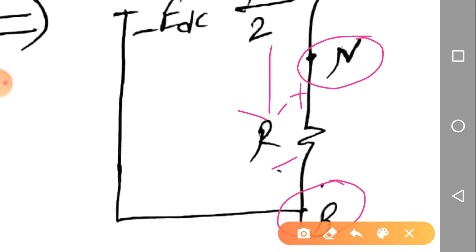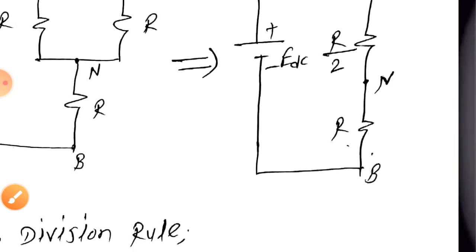So what is VB minus VN? That is VBN. Whether it is positive or negative, VB minus VN will be negative because VN is greater than VB. Are you getting the point? So VNB is nothing but, by using the voltage division rule, we can find VNB. And VBN is minus of VNB, right?